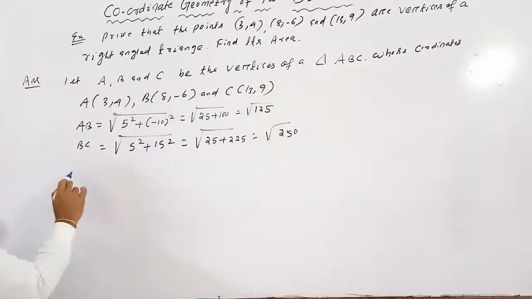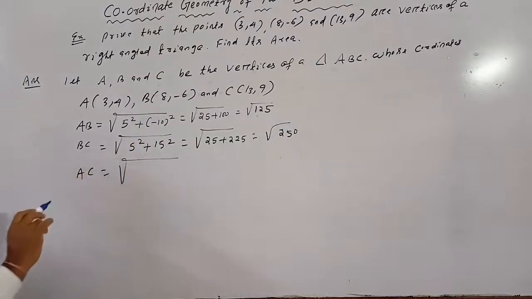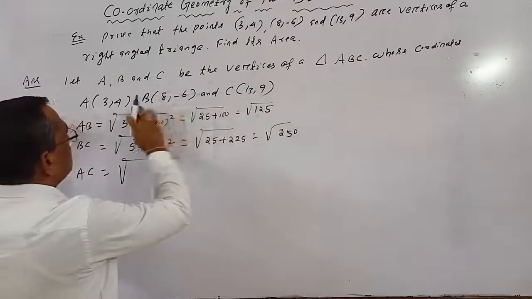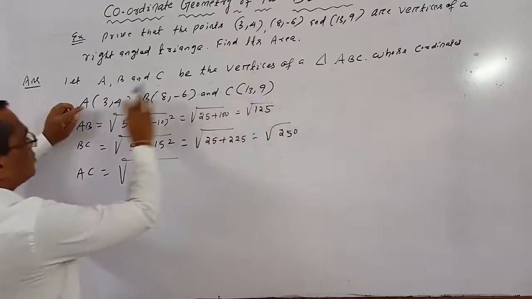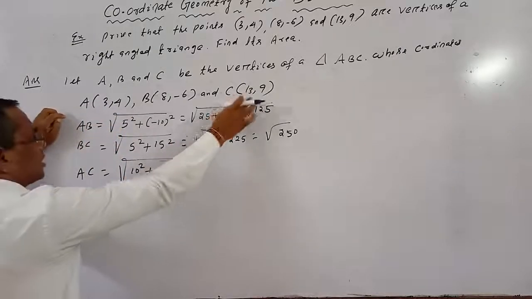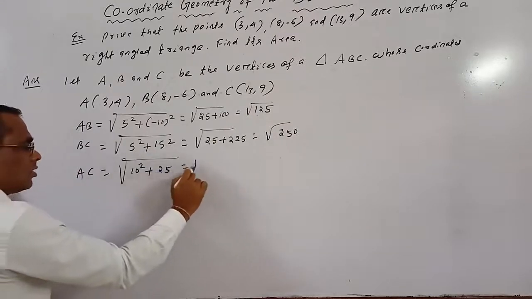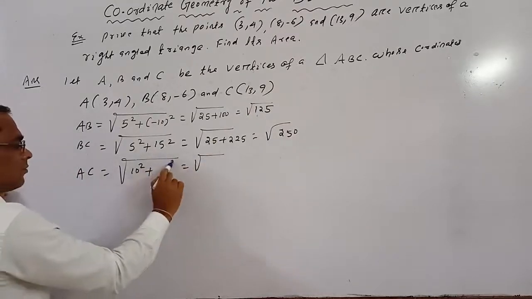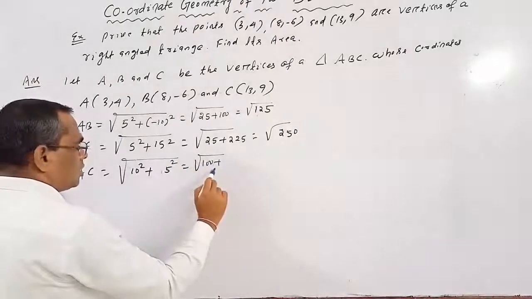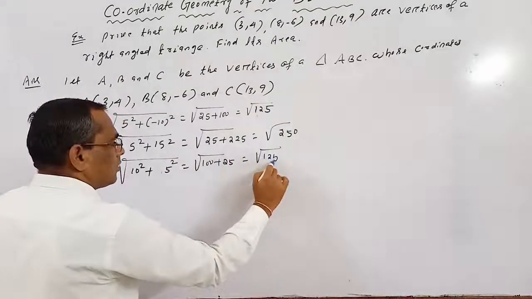Then AC, the distance from A to C: (13 minus 3) square, 10 square, plus (9 minus 4) square, 9 minus 4 means 5, 5 square is 25. So 100 plus 25, which is equal to root of 125.